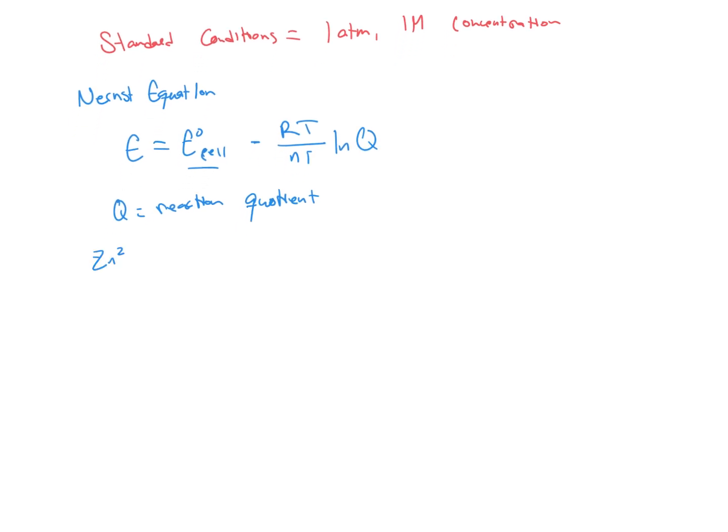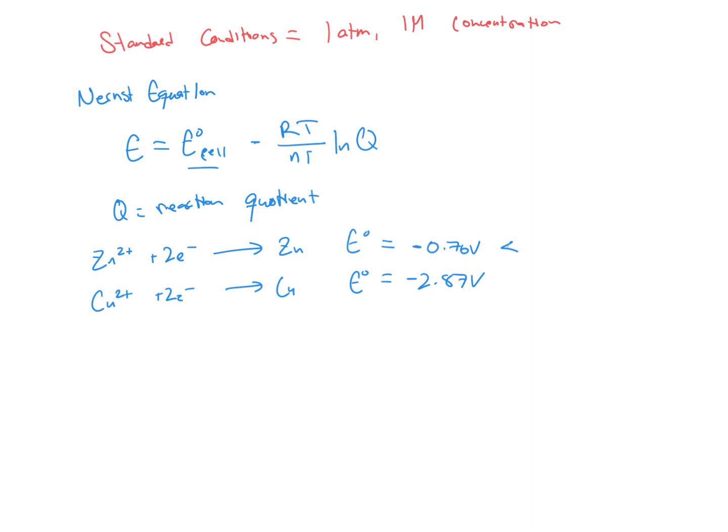So we have Zn2+ plus 2 electrons makes Zn, and this has a reduction potential of negative 0.76 volts. The copper reduction potential looks exactly the same. This has an E naught of negative 2.87 volts.